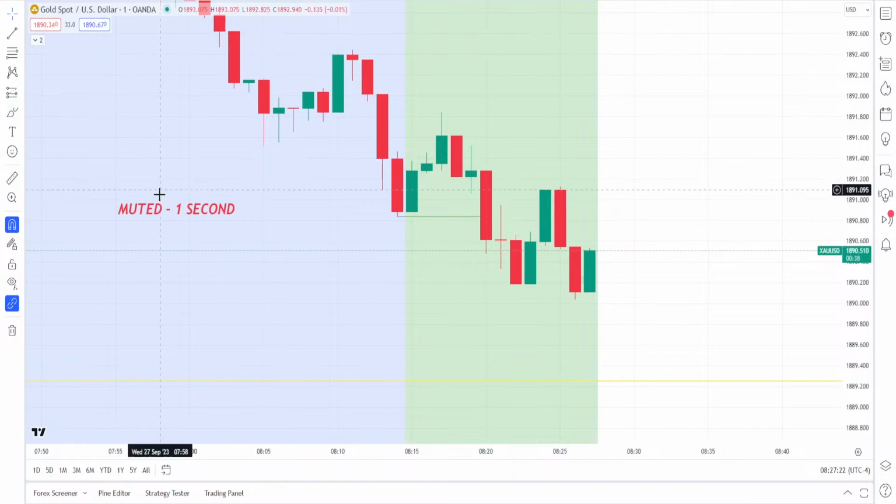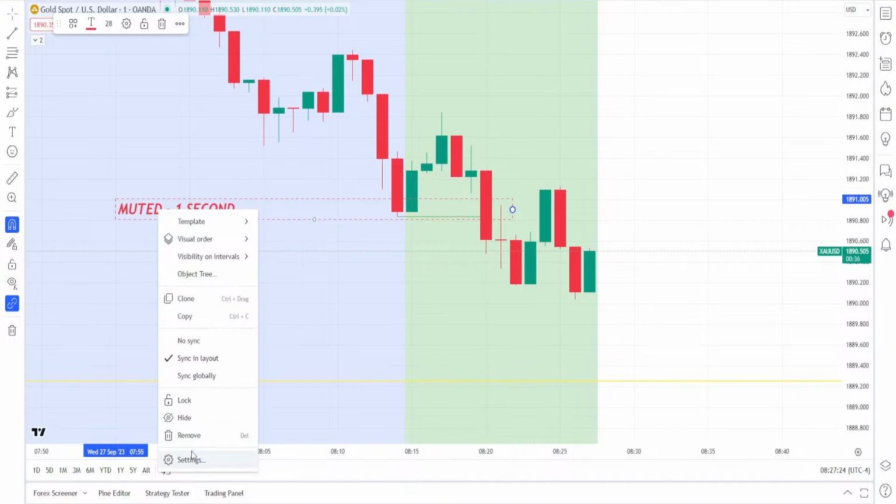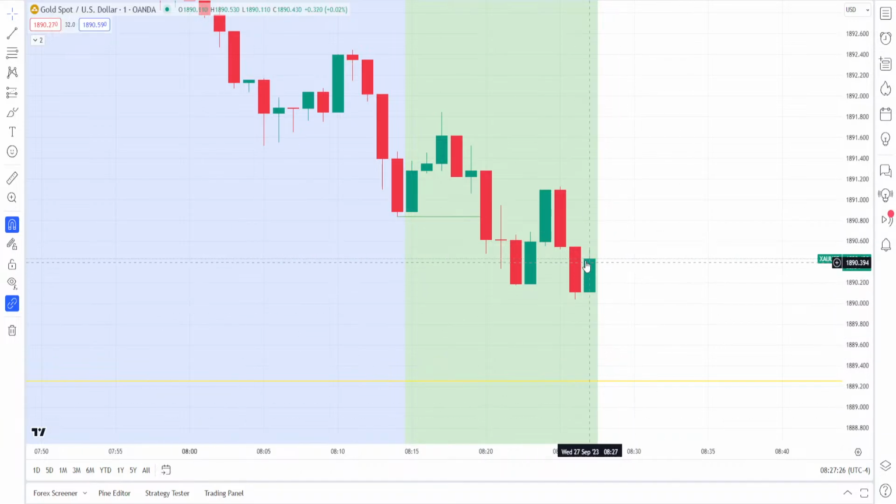Alright, so here we may get a trade that we want. As long as this candle goes above this level, we may get the trade we want. If not, then we'll probably have to wait another candle or two.